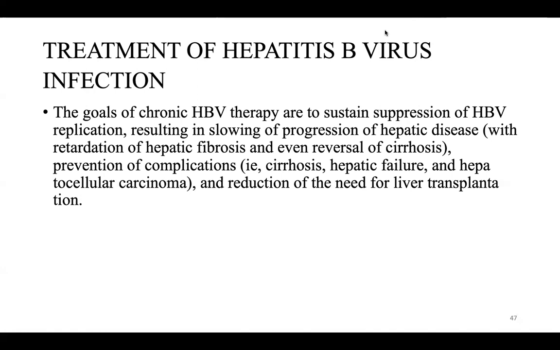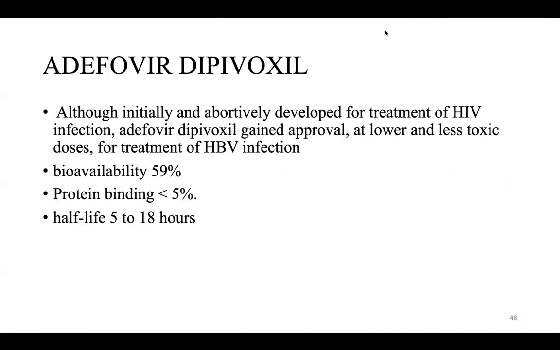Several anti-HIV agents have anti-hepatitis B activity as well, including lamivudine, adefovir dipivoxil, and tenofovir. Adefovir dipivoxil is a diester prodrug of adefovir, an acyclic phosphonate adenine nucleotide analog.